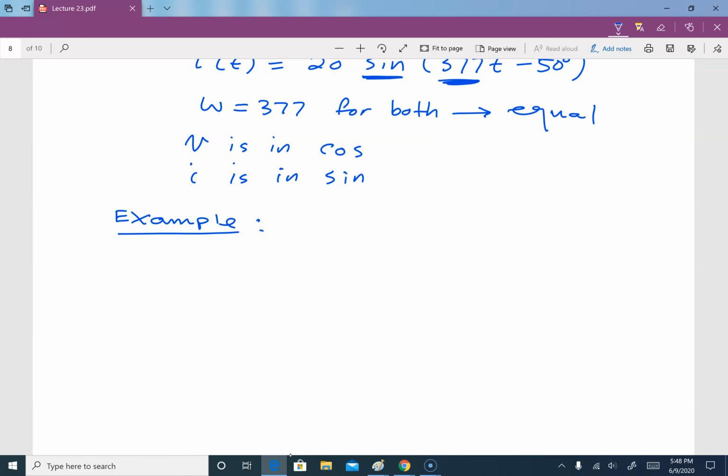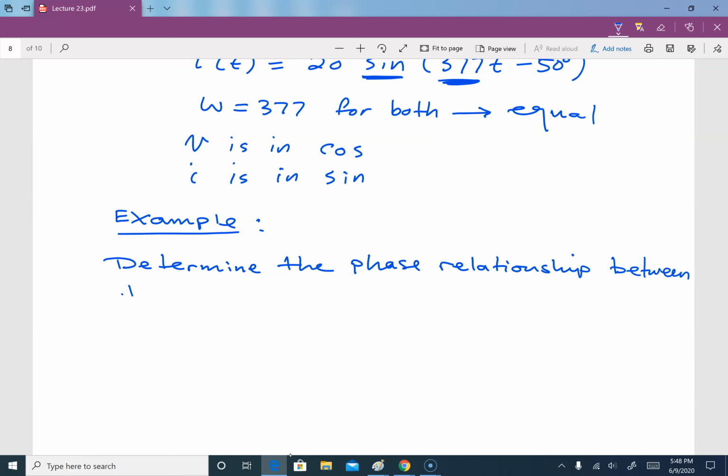Determine the phase relationship between the following set.